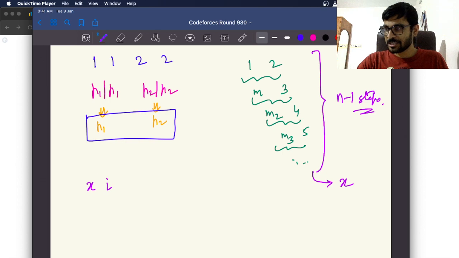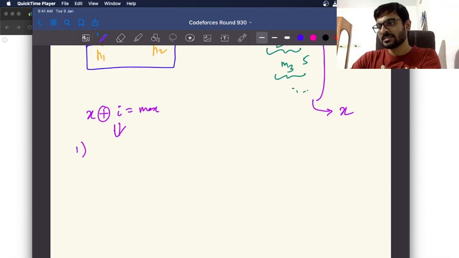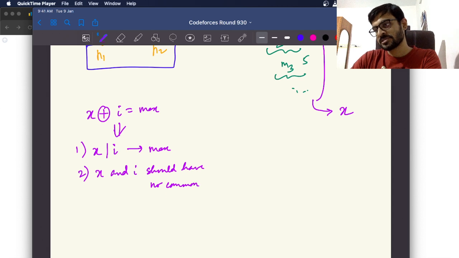So the first thing I mentioned is X XOR I needs to be maximum. For this, the first requirement is that X OR I needs to be maximum, and X and I should have no common bits.